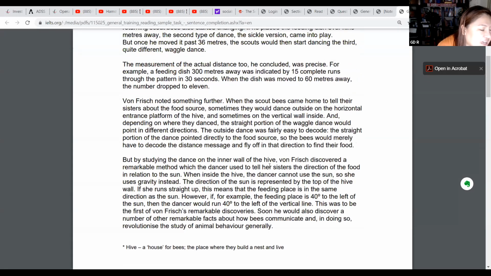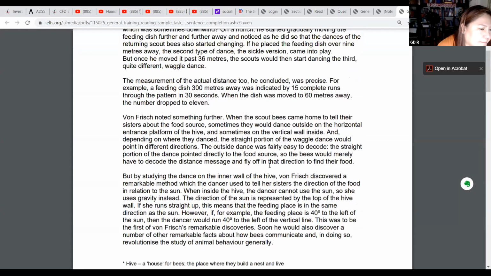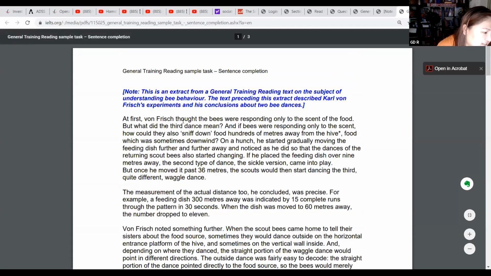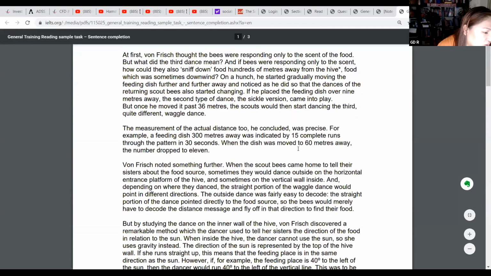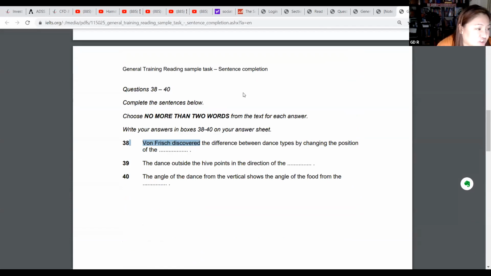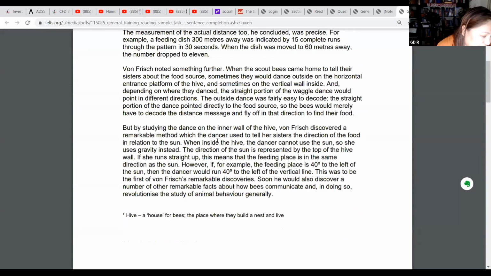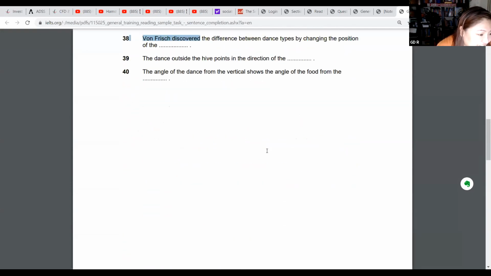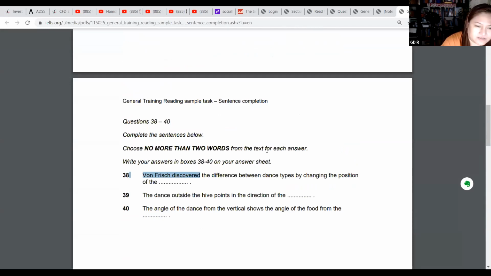Anyway, ang maganda dito, class, sometimes magbibigay sila ng passage na ganito, dalawang klase or tatlong klase ng question types ang ibibigay sa inyo. So sometimes may sentence completion, may matching heading, tapos merong ibang question type. So ang maganda doon, kahit paulit-ulit, nakaka-save pa rin kayo ng time. Kaya, don't worry.